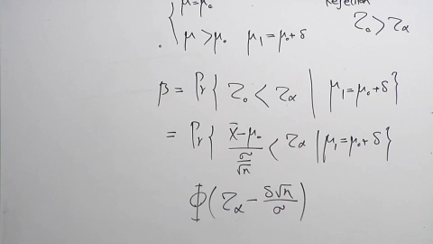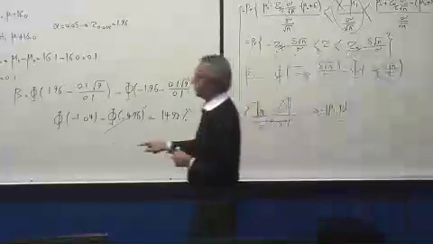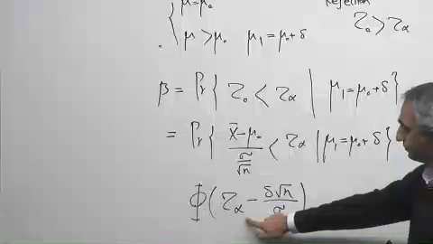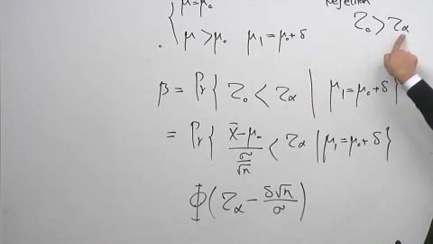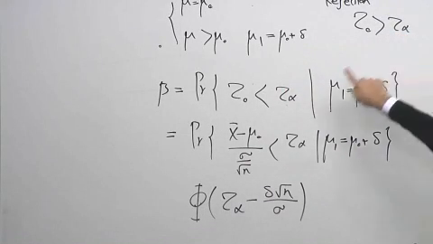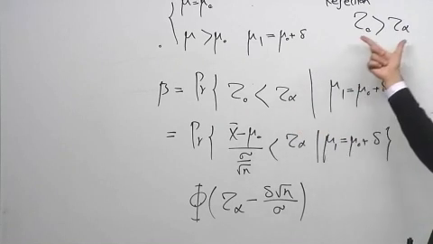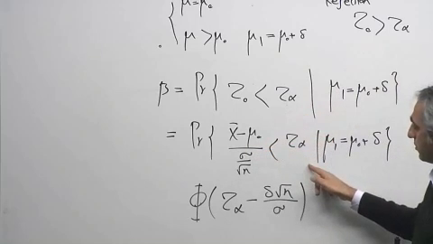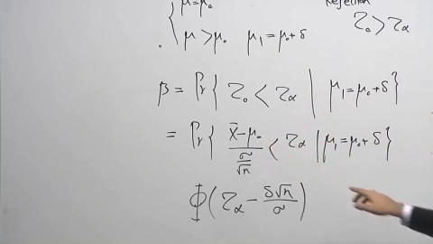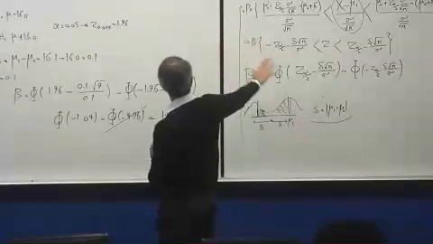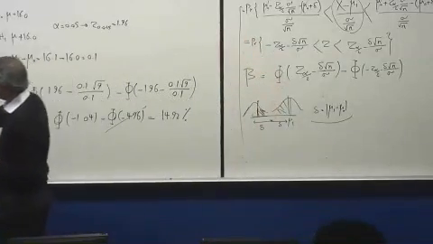This is for two-sided. This is the equation for one-sided. Z alpha over 2 changes to Z alpha. Okay, this is the acceptance region. This is the rejection region. So we need to find this probability. We follow the same procedure, but at the end of the day, we get this.